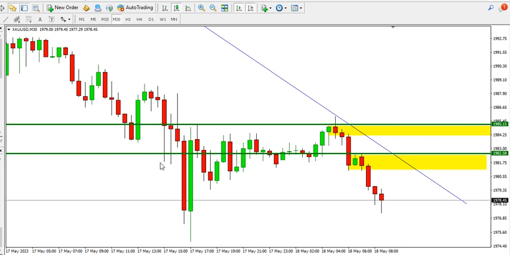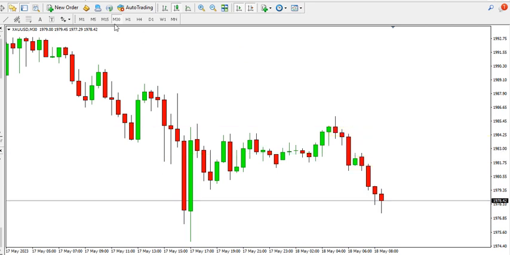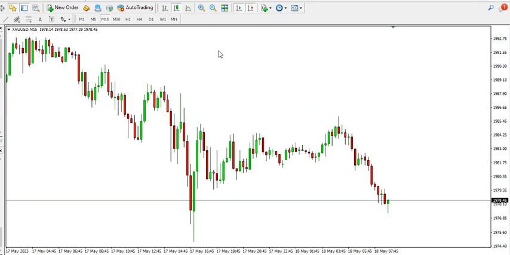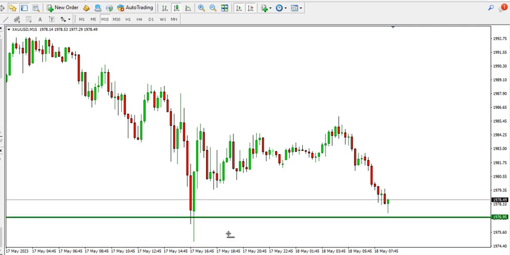On the 15-minute time frame, what do we have? The price of gold is attempting to drop to this low.